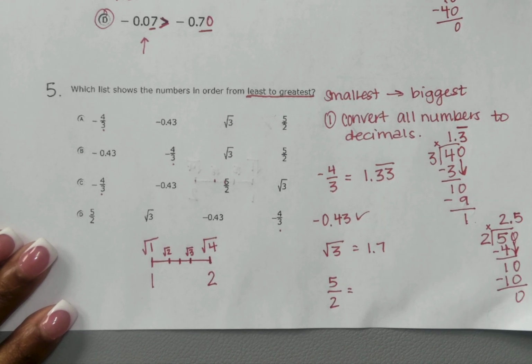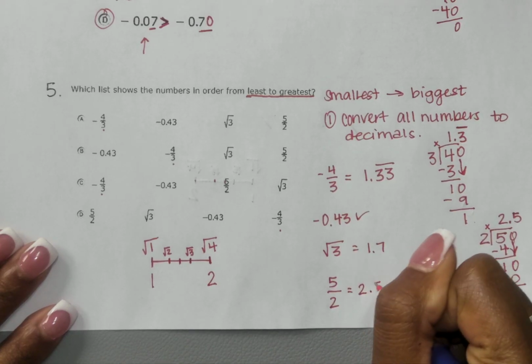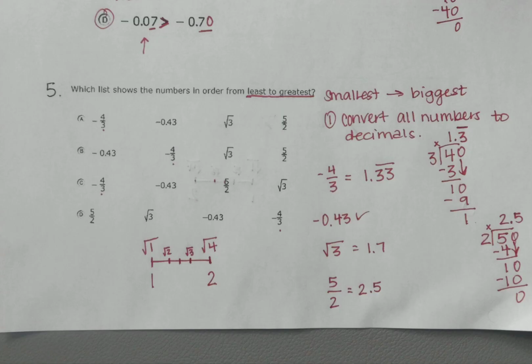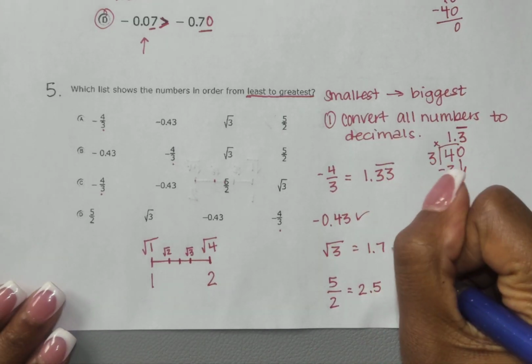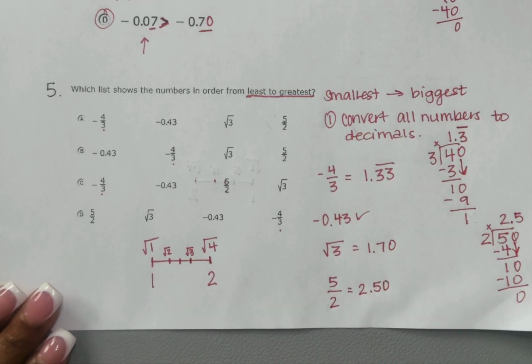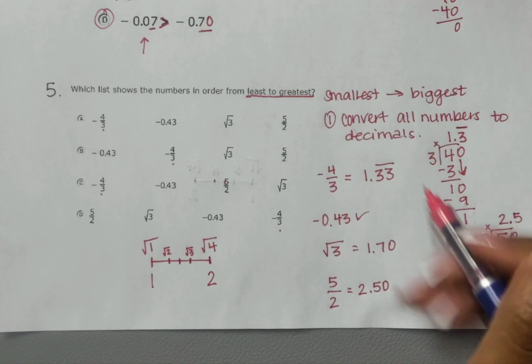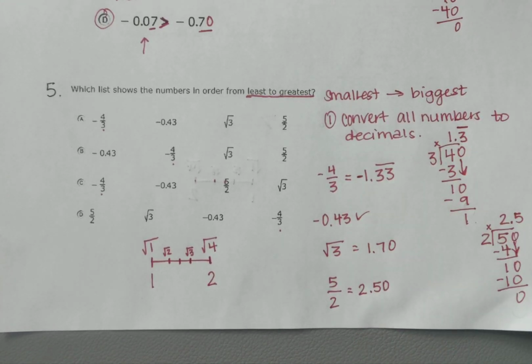And we are left with 0. So this is equivalent to 2.5. Now, again, I like to think of decimals as money. So I'm just going to add those zeros afterwards. They're just placeholders. So I forgot the negative sign there.